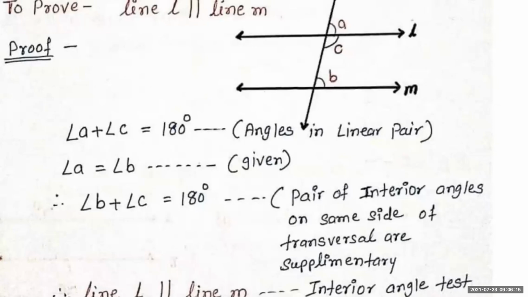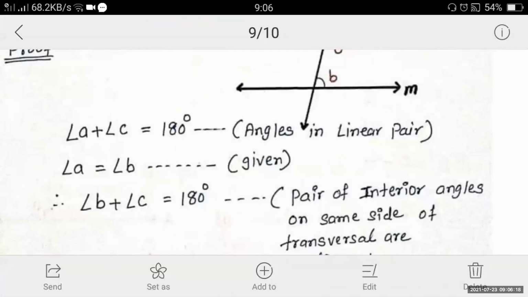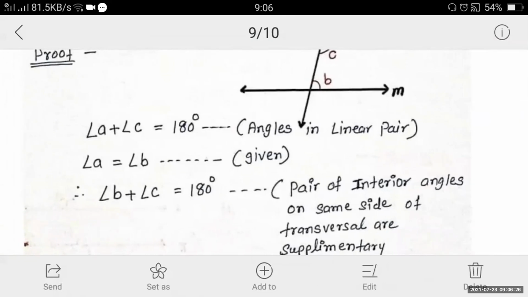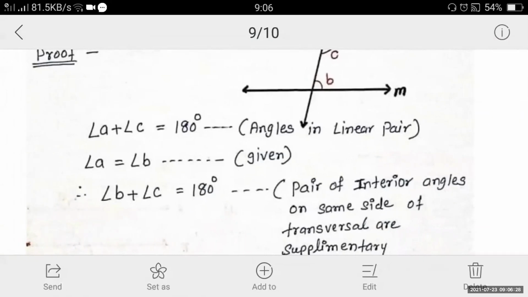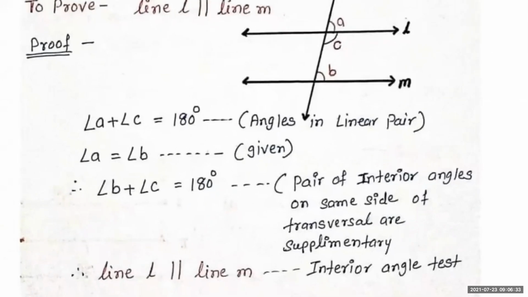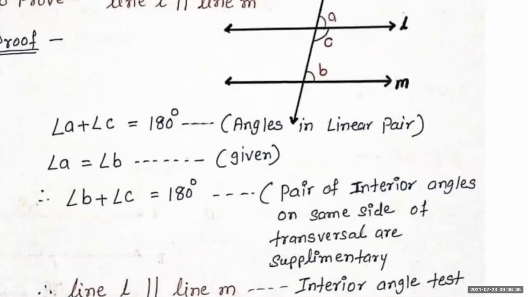So here in the first step I wrote angle A plus angle C is 180 degrees, as those are a linear pair of angles.